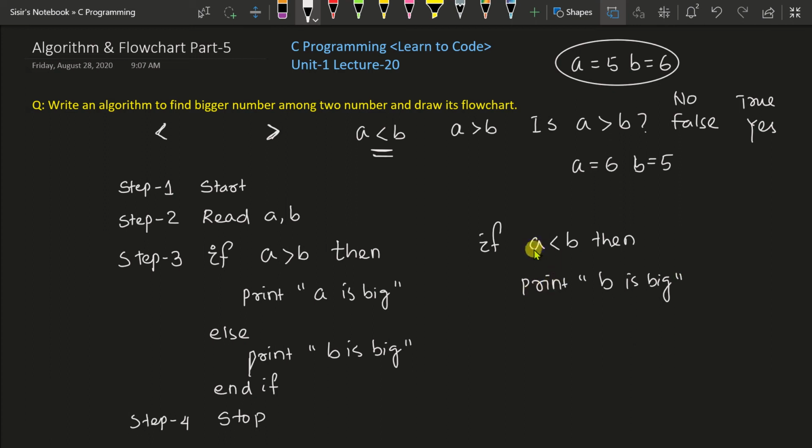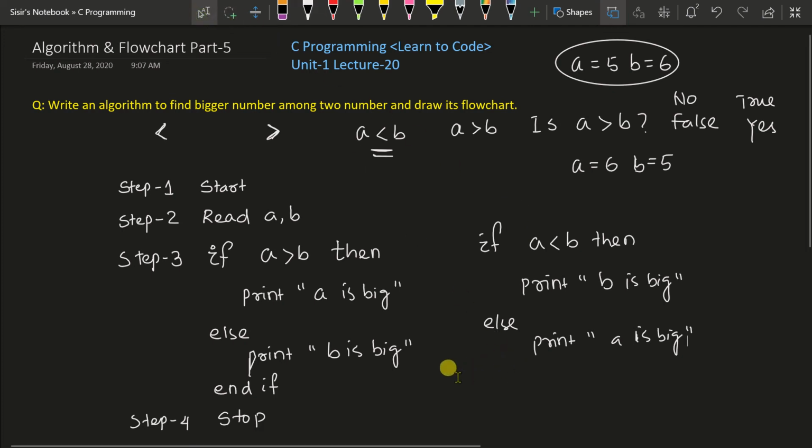Similarly, if a is smaller is false, that means a is bigger, so you have to write in the else part print a is big. Okay, so this is how you can use either the greater than symbol or the less than symbol to know whether one number is bigger than the other or not.